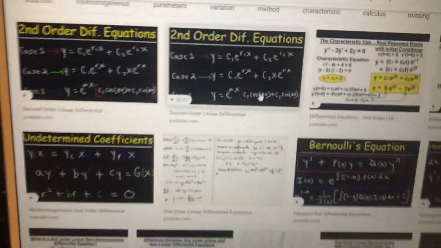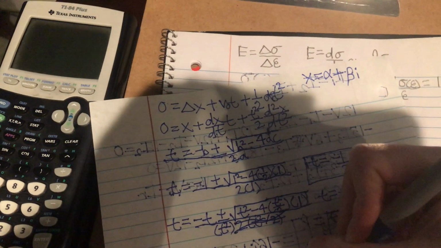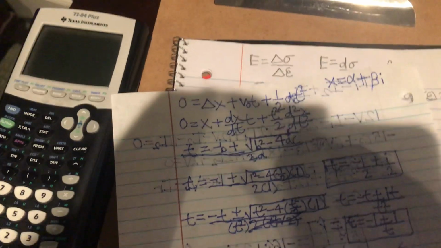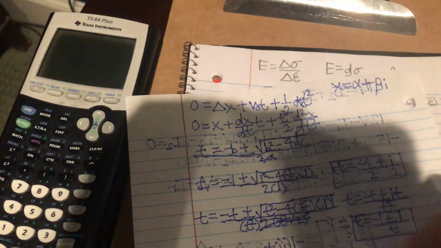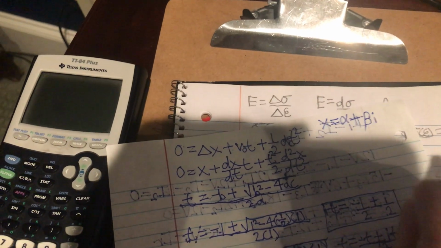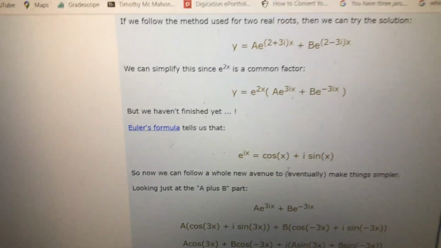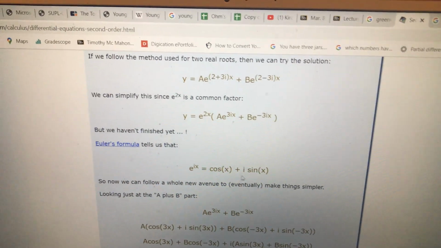times c1 cosine beta, cosine t divided by 2, plus i constant 2 sine t over 2. You ought to know that this equation has applications to electrical engineering.